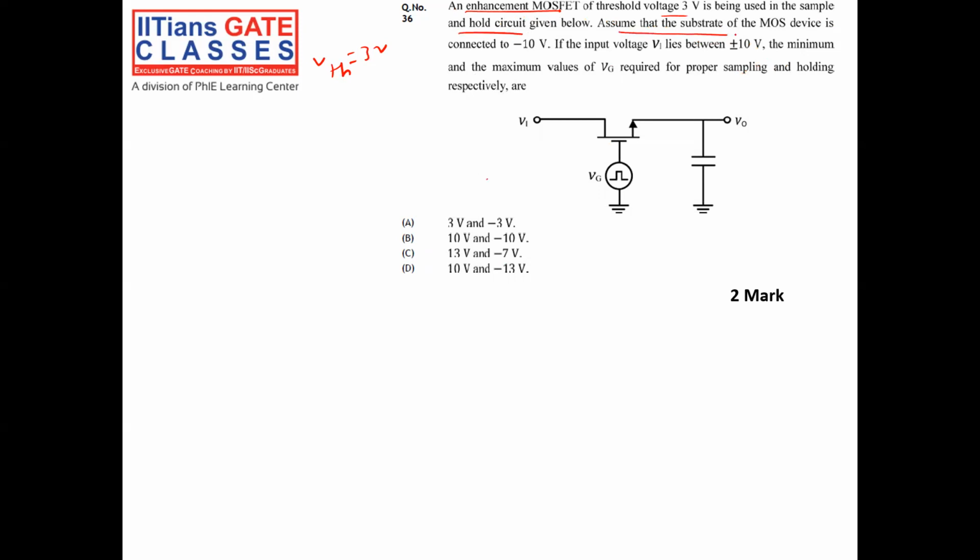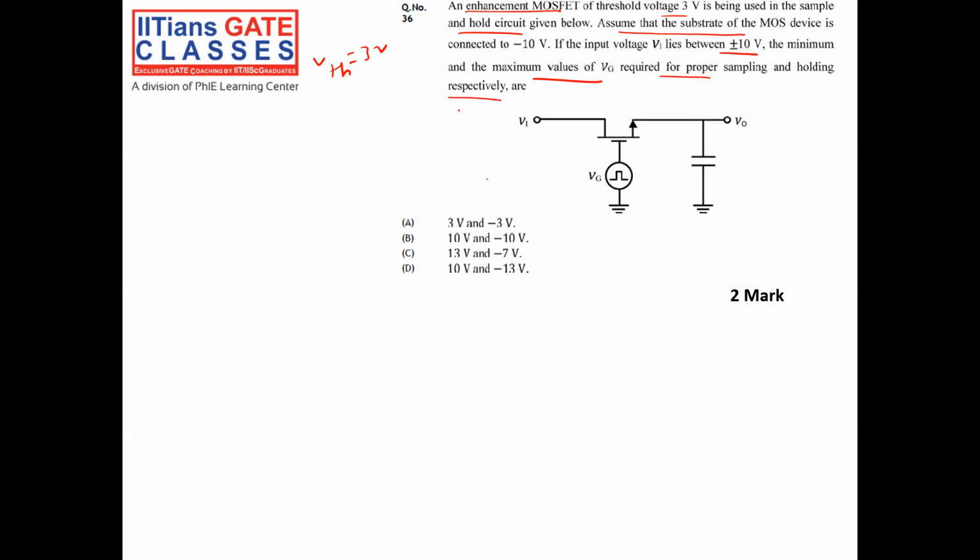Assume that the substrate of the MOSFET is connected to minus 10 volt, the most negative potential, right? The input VI lies between plus or minus 10. Find the maximum value and minimum value of VG required for proper sampling and hold respectively.